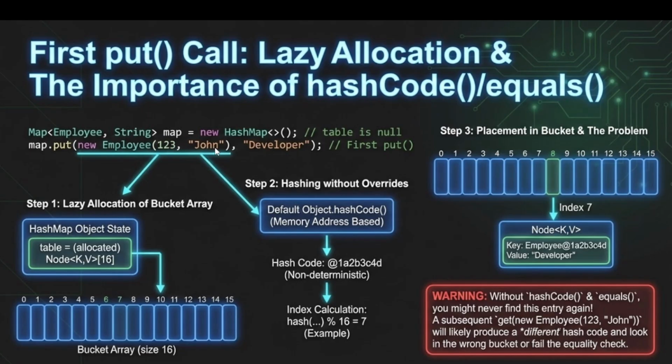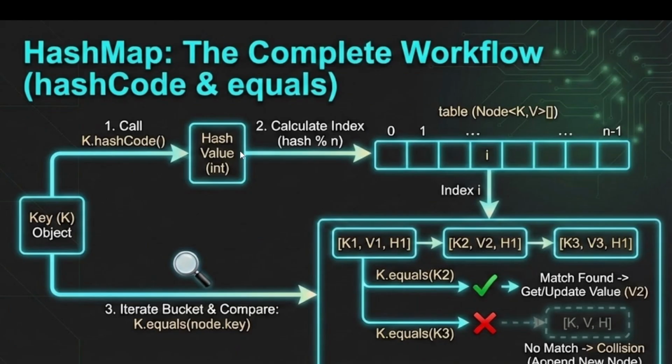If both are equal, we return true; that we will see later in this video. Now K equals K2? Yes, the match is found. If it is found, what does it have to do? It should be updated. What value should be updated? The value we have sent with this key will be updated here.